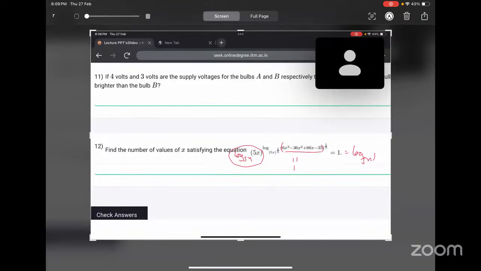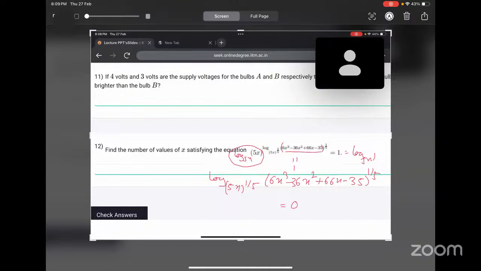So from this we get log of 5x plus 1 by 5 power 1 by 5 equals to 0, right?